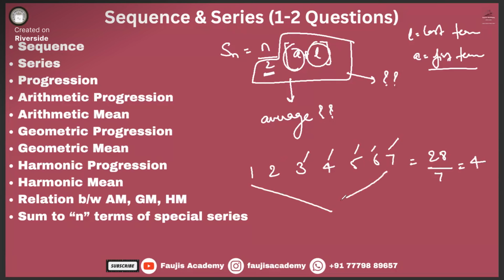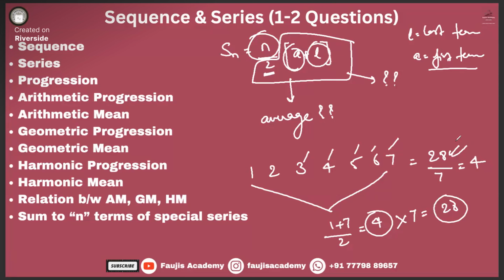First term plus last term divided by 2, what is that? 4. Into n, that means number of terms into 7. Is it 28? Same as this number?